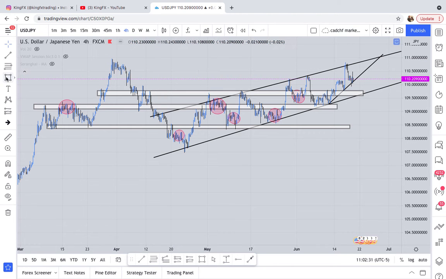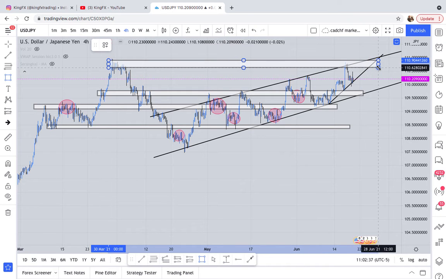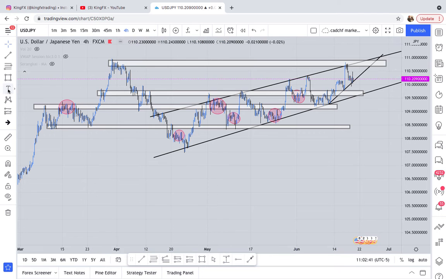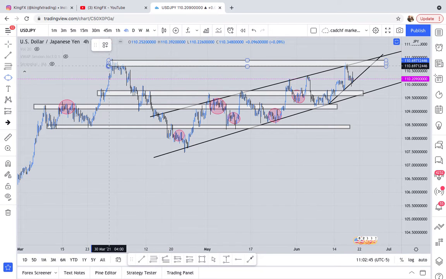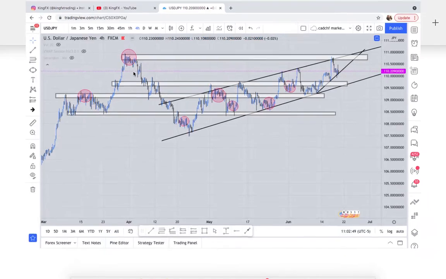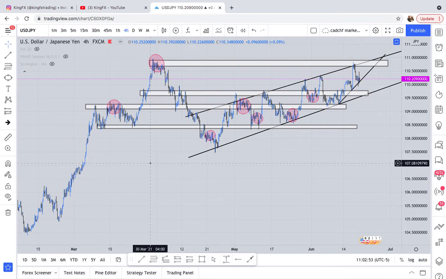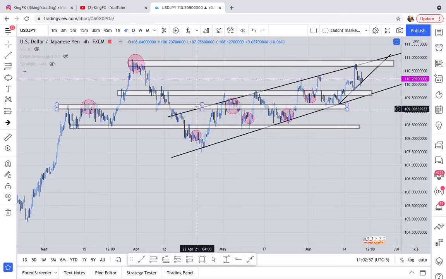Wrong tool. This area up here is also consolidation. So we have all these consolidation zones forming.